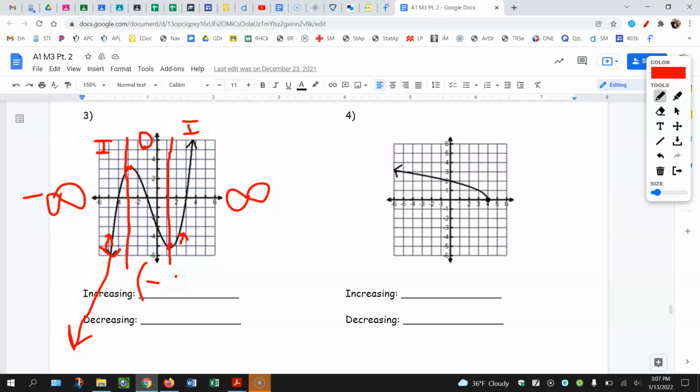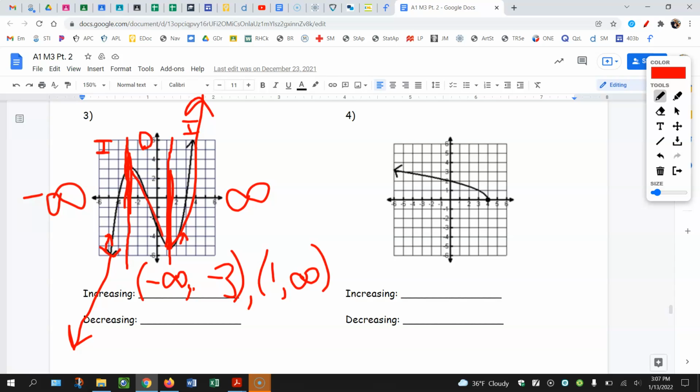This graph is increasing from negative infinity all the way to this x value here, which is -3. It starts increasing again at this x value here, which is +1, and just keeps increasing up and to the right, to positive infinity.